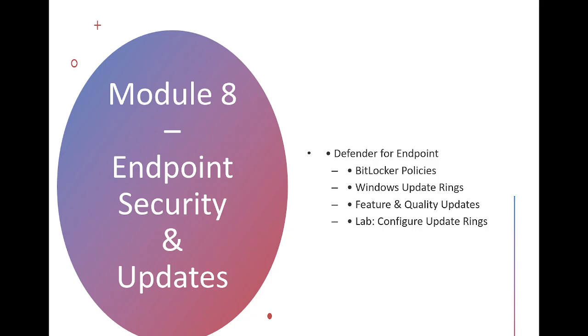At the main gate, how many security guards should be there? What types of guns do you have to keep? What types of policies do you have to create? What types of settings do you have to keep in front of your gate? These things are the endpoint security and updates from the technology perspective that we will be covering.